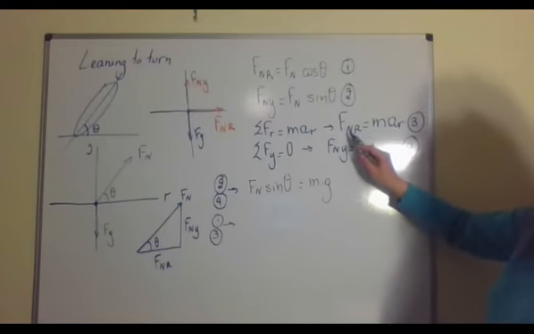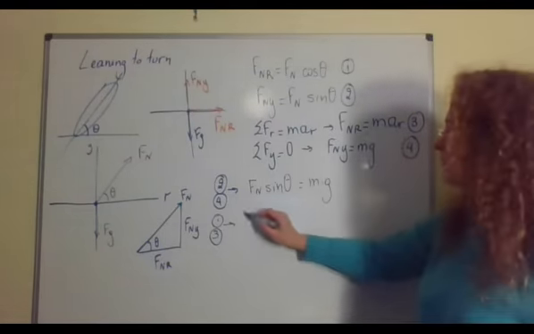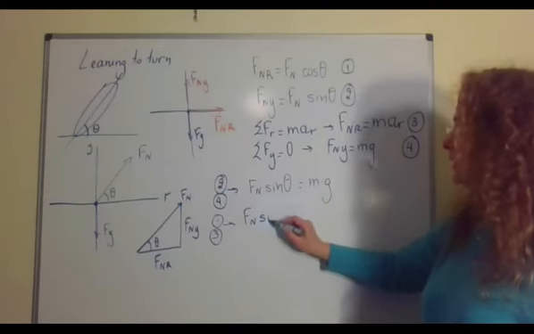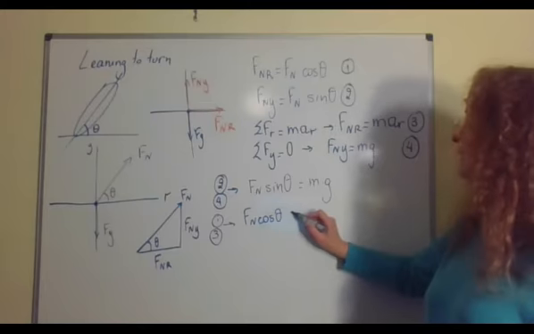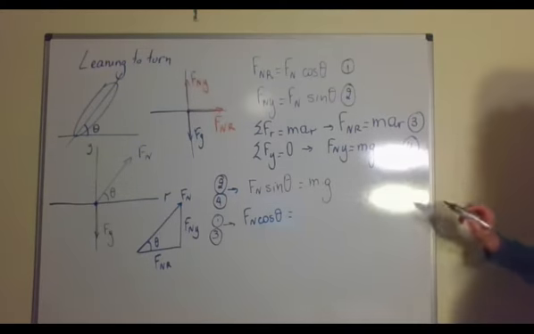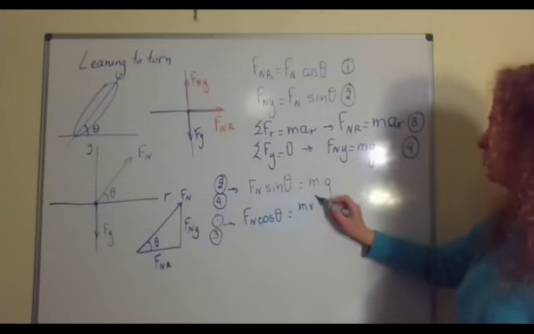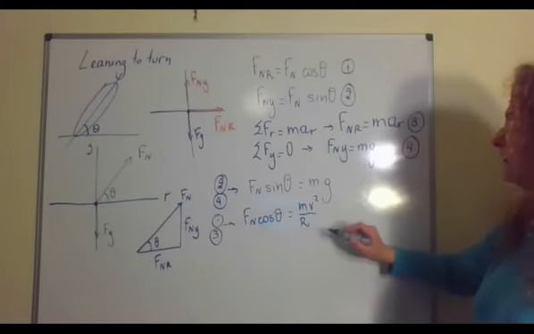From 1 and 3, I find that the normal force cosine theta will be the centripetal force, mv squared over r.